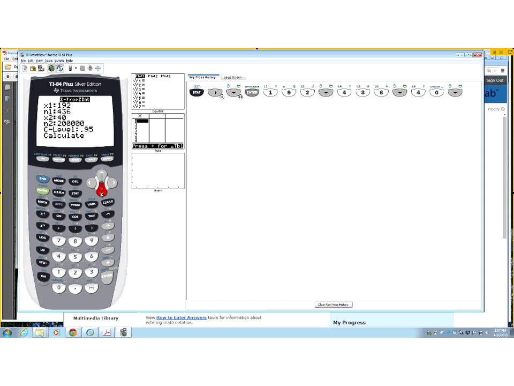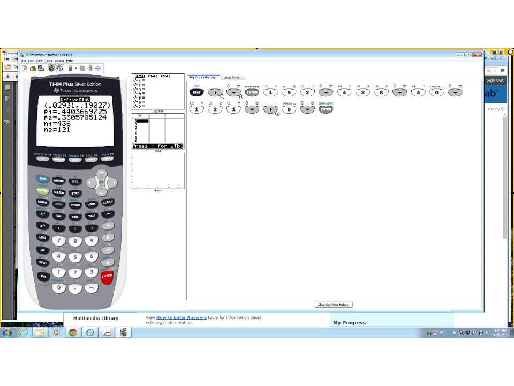X2, that was 40. N2, 121. And confidence level, I believe it was 90, so 0.90. So it's just a matter of identifying X, N for both groups, and then typing in your confidence level. If you go over the word calculate, press enter, there's your confidence interval.